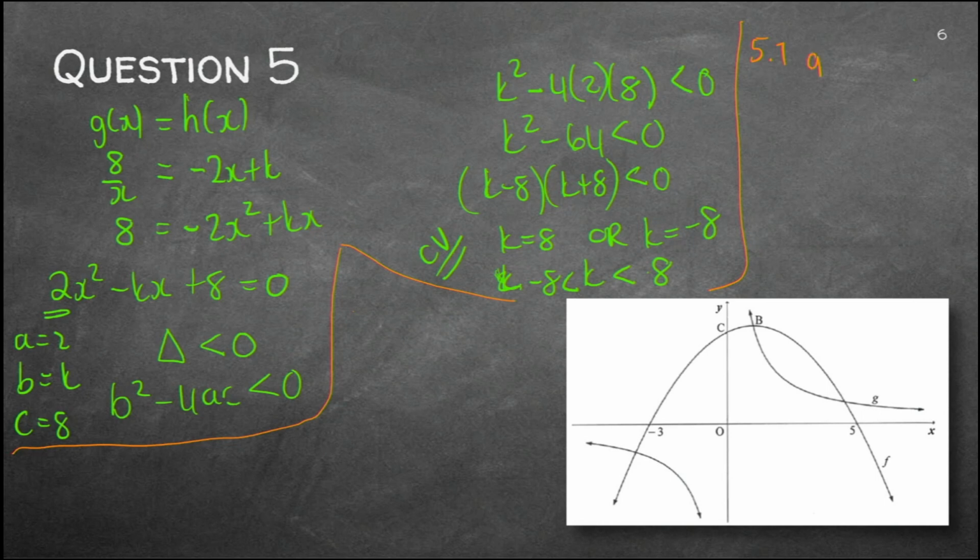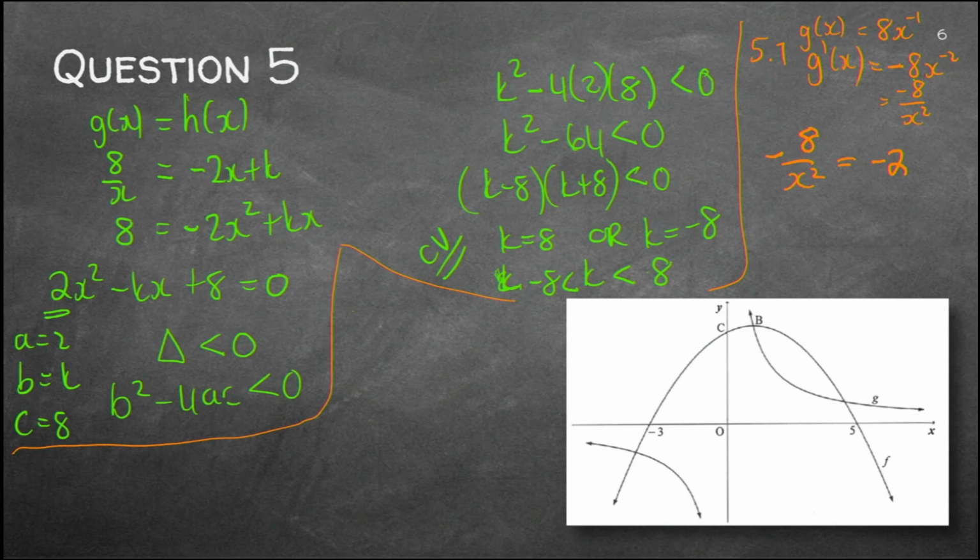The first derivative of g will be equal to, but remember, g(x) is equal to 8x to the -1. Remember, we need to rewrite it. So then it would be -8x to the -2, so -8 over x squared. But we know it will be equal to -2. And now I just need to solve for x.